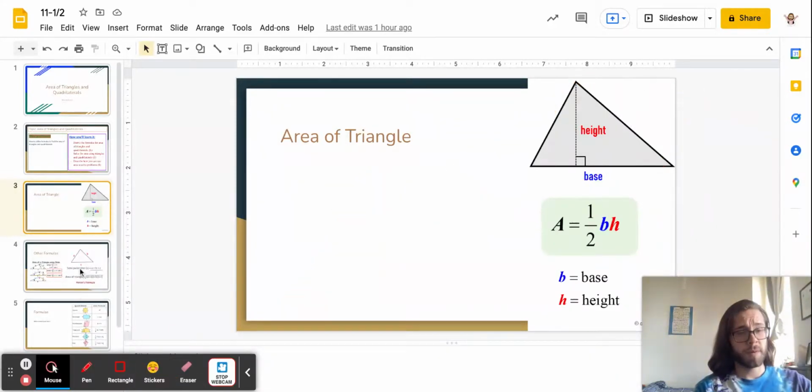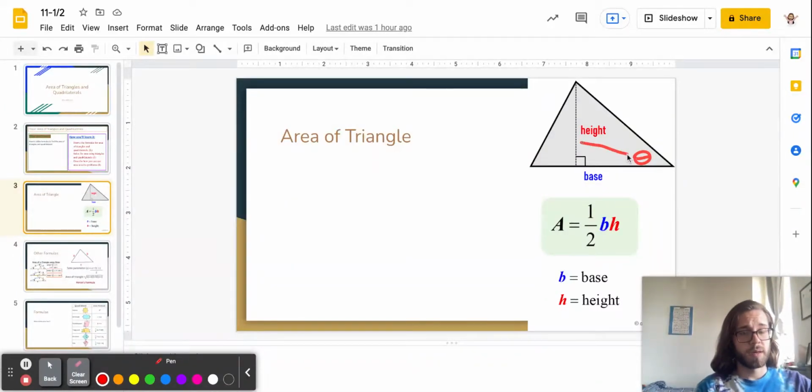But just a quick note, obviously, because this is a right angle, you can see our angle theta. You have an opposite side, and if you know this side, you can use sine to actually find the height as well. So if you do need that, you can find the height of a triangle using trig.